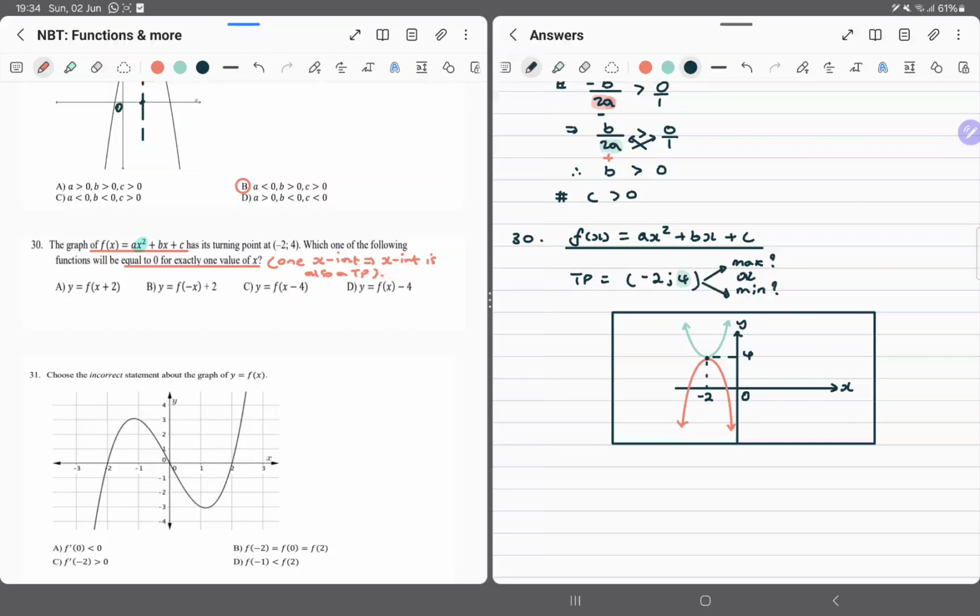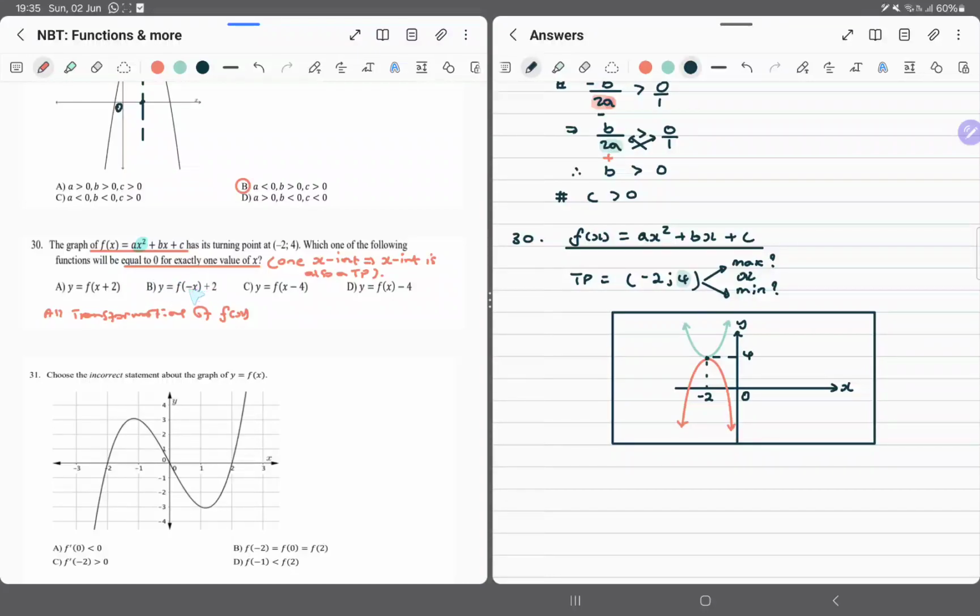So let's look at this one. Now can you see these are all transformations of f of x? y equals f of x plus 2. This is a horizontal translation of this graph by 2 units to the left.